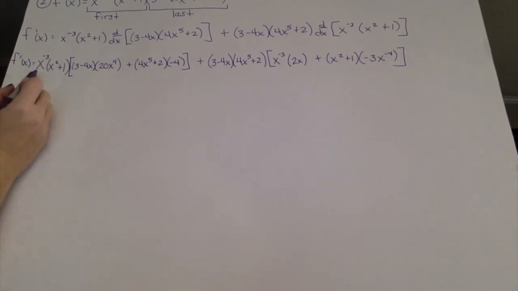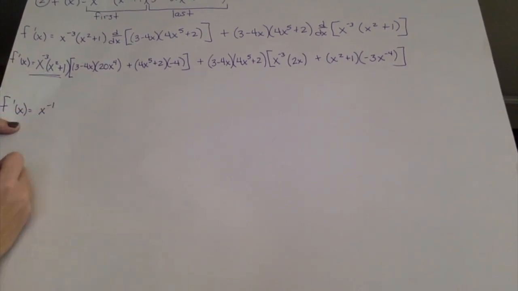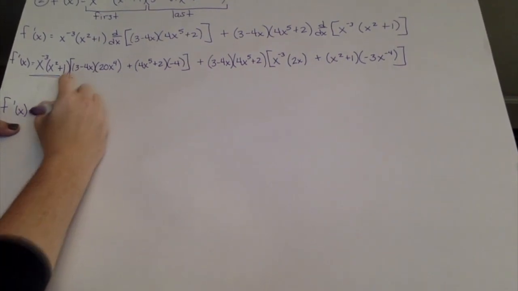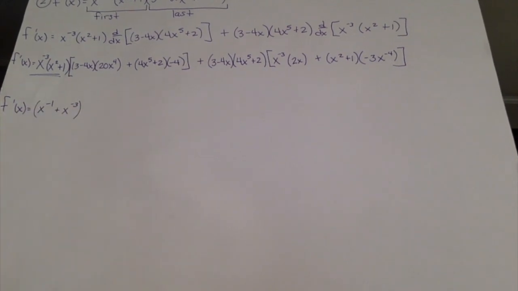So I'm going to start here. I'm going to go ahead and distribute this x to the negative third. X to the negative third times x squared. We would add those exponents together, which would give me x to the negative first. X to the negative third times 1 is just x to the negative third. That's going to be in parentheses still.